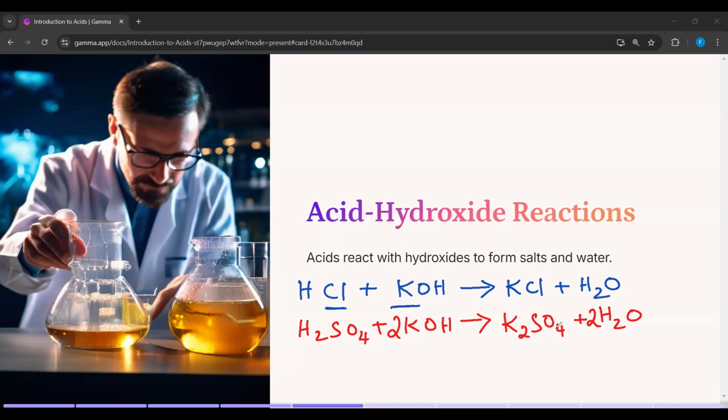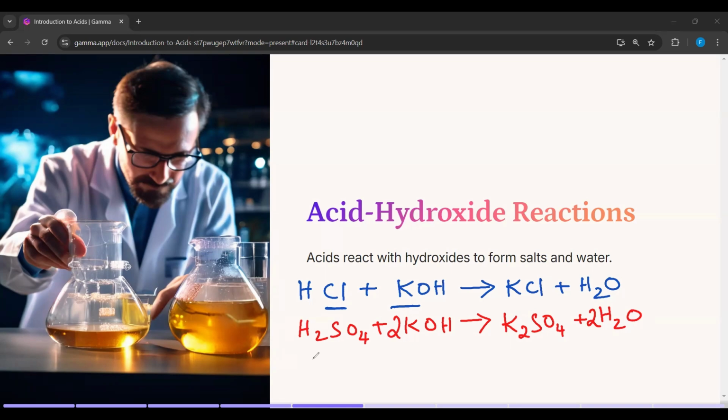Oxygen is 4 plus 2, 6. And here, oxygen is 4 plus 2, 6. So I think the equation is balanced now. So what did you get? You got K2SO4.